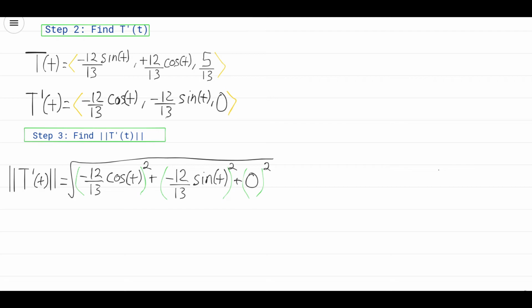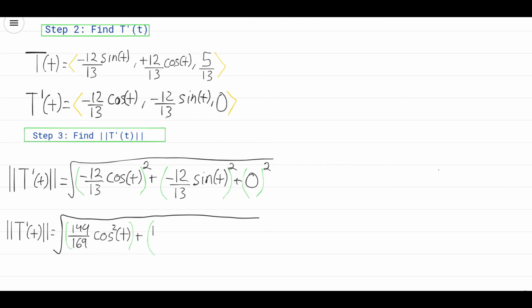Now we distribute the square to each term. So the magnitude of T prime squared is 144 over 169 cosine squared, plus 144 over 169 sine squared, plus 0, since 0 squared is 0.